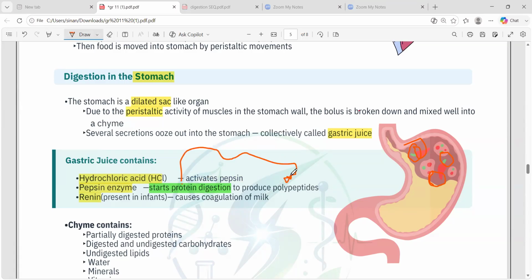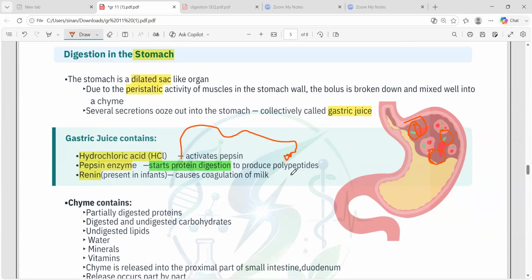It's the chemical one, right? It's the chemical one. Okay.